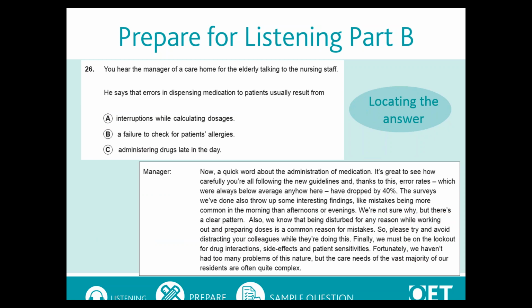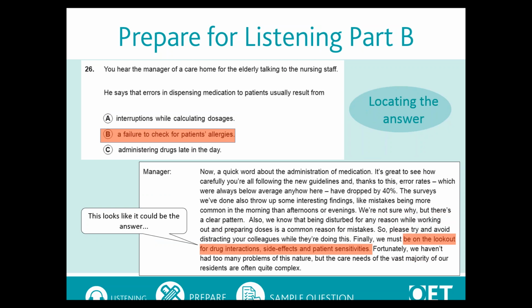As well as listening for the correct option, it's good to check that the other options are wrong. In answer B, the audio sounds like it is suggesting this is correct, but then the audio continues to clarify that it isn't common, which is different from the question, which says usually.